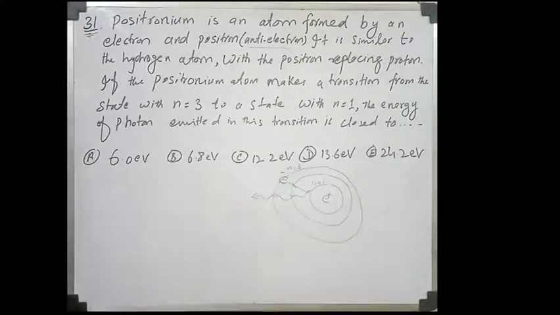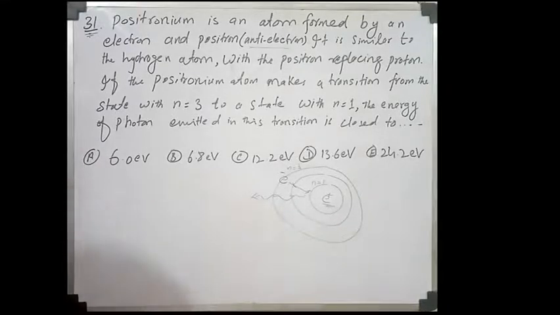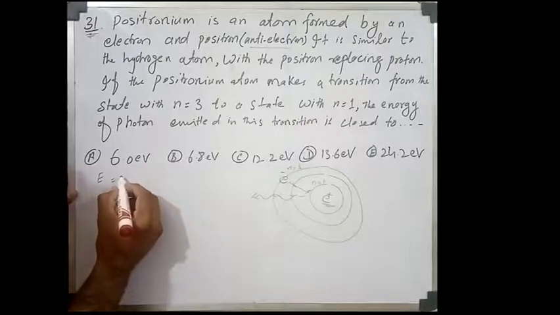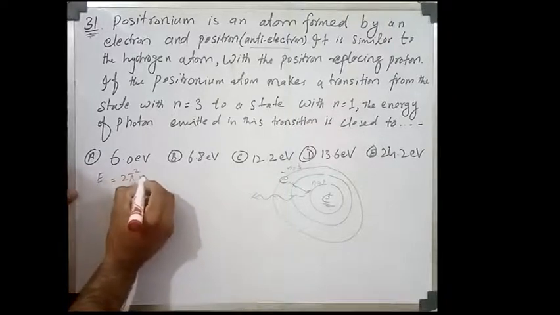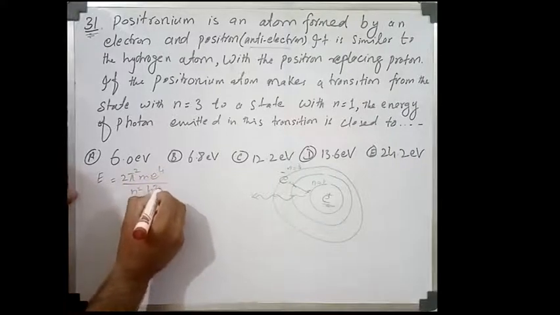In this case, this atom is similar to the hydrogen atom, but the difference is that there is a positron, an electron with positive charge, instead of a proton. So the ground state energy by Bohr is given by E is equal to 2 pi square m e power 4 divided by n square h square.